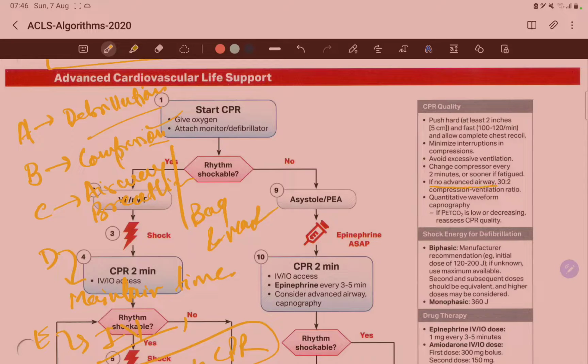Now if no advanced airway is present, we have discussed the 30:2 compression to ventilation ratio, and if the monitor is attached, we'll check the waveform capnography. So this kind of waveform capnography will be there.